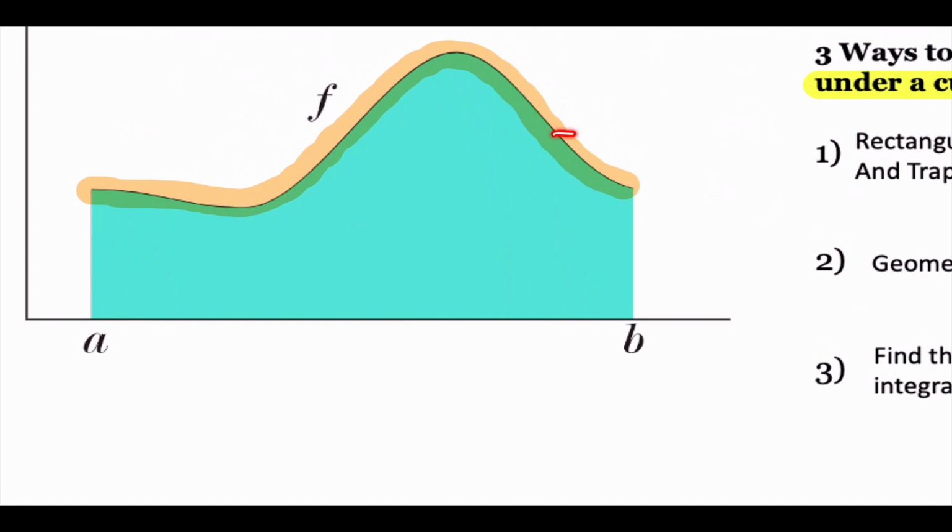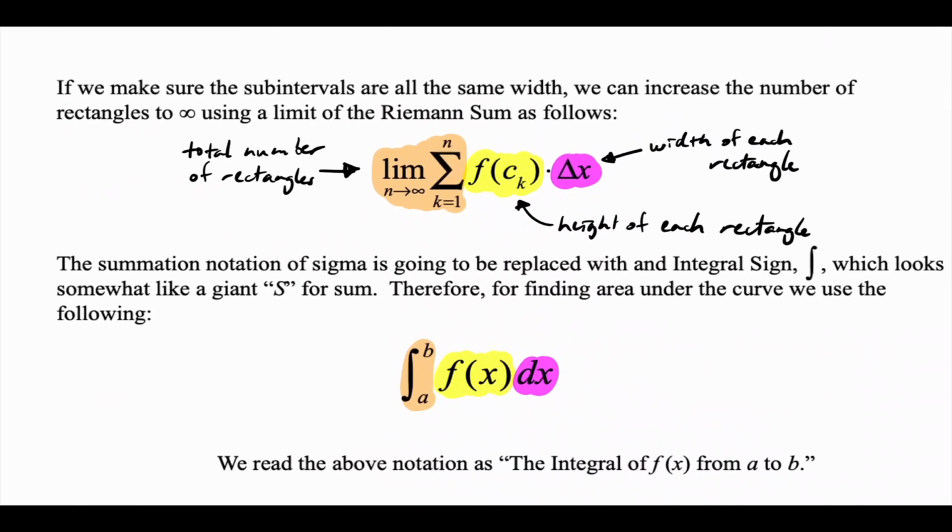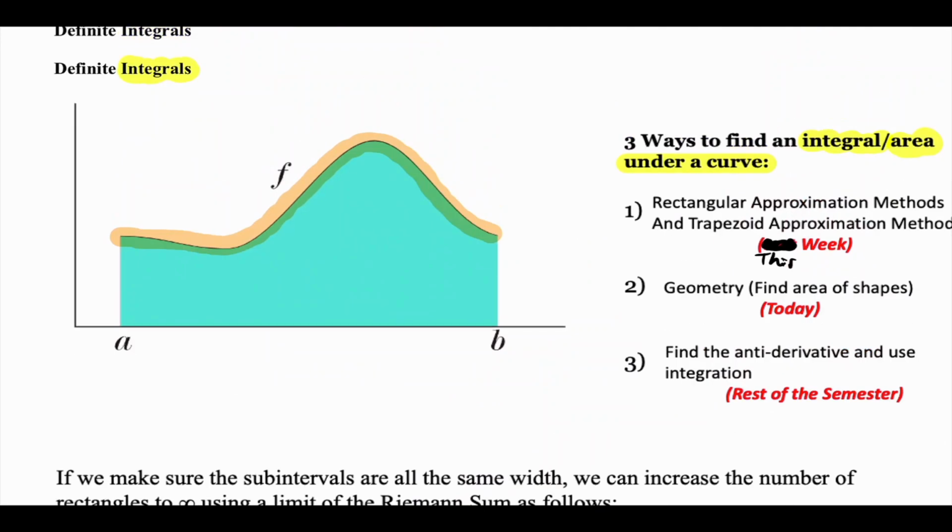We wouldn't have a rectangle that goes over like this. Okay? That's where the formula comes from. So for the total number of rectangles, you can see it says as the limit approaches infinity. Ideally, we'd want an infinite number of rectangles sliced up so thin that it fits that area, that blue stuff, perfectly. Okay?